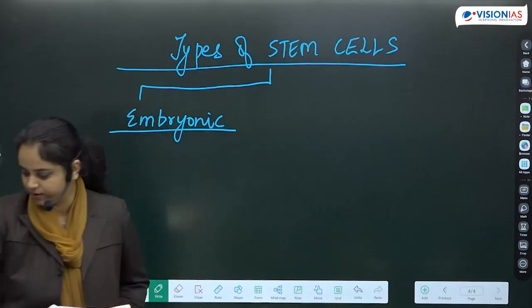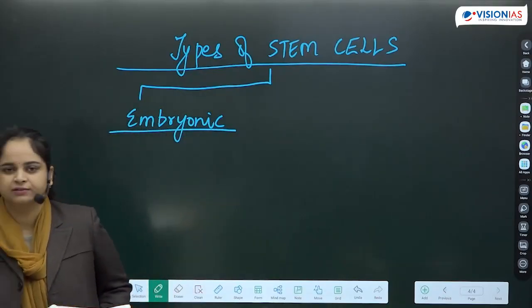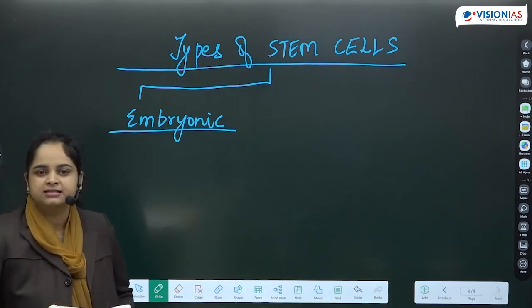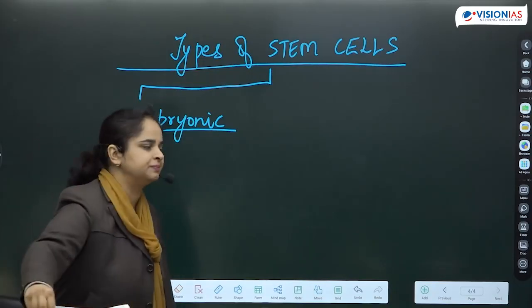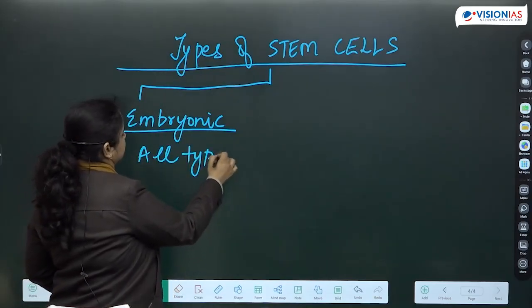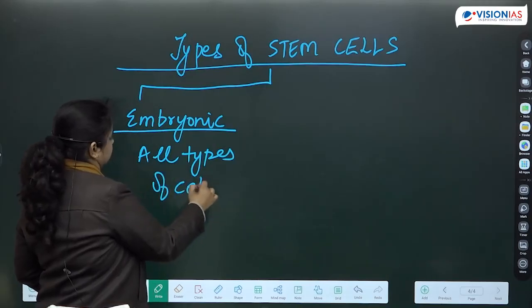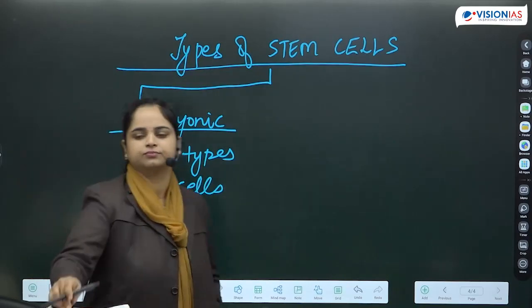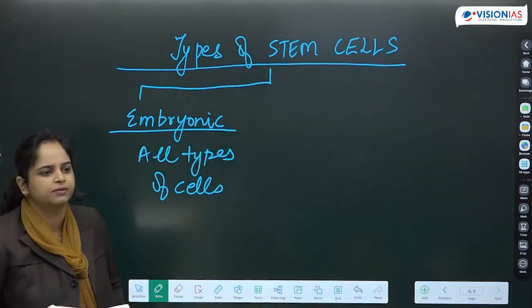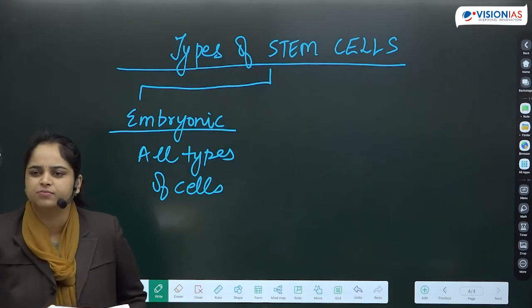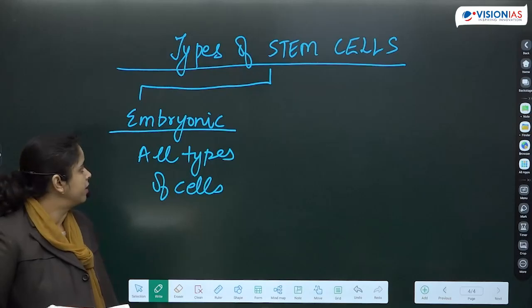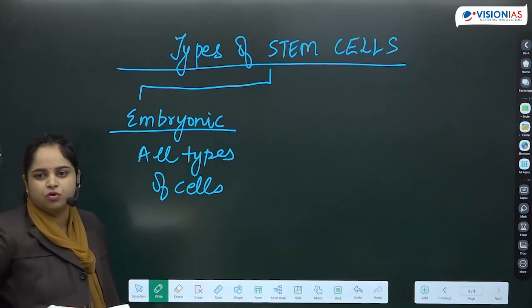When you have an embryo, at that stage, you are going to have the stem cells which are present, and they will change into all types of cells of the body. Because at the stage of the embryo, your body is still forming all the parts. ठीक है, उसको बॉडी के पार्ट्स भी बनाने हैं, उसको अंदर के ऑर्गन्स भी बनाने हैं, सब कुछ बनेगा भी. So embryonic stem cells can change to all types of cells.